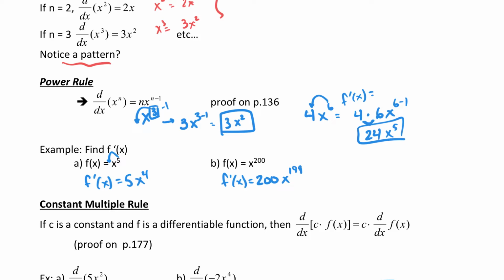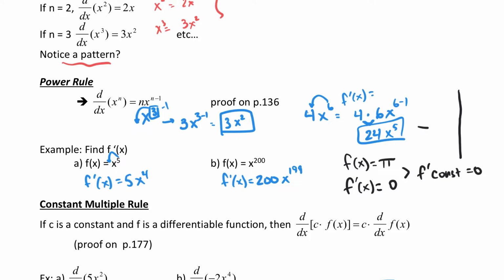Suppose I had f of x equaling pi. F prime of x would equal 0. Again, this is the derivative of a constant equals 0. Now, let's review y again one more time. Suppose I had y equals 2, and I graph this.